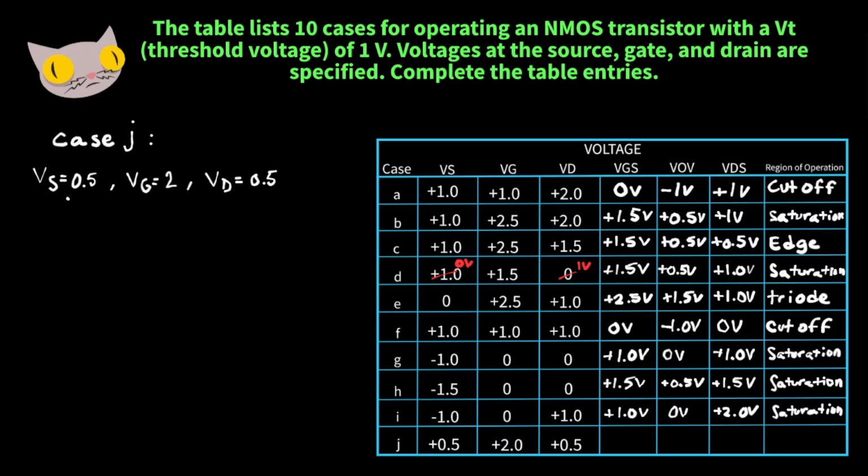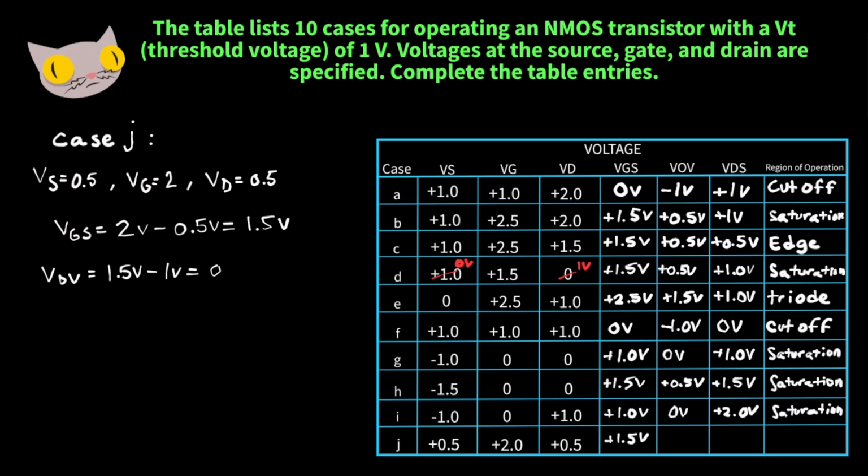Now for case J, we have Vs 0.5 volts, Vg 2 volts, and Vd 0.5 volts. Gate to source voltage, that's going to be Vg 2 volts minus Vs 0.5 volts. And that's going to give us 1.5 volts. Overdrive voltage, that's going to be VGS 1.5 minus threshold voltage 1.